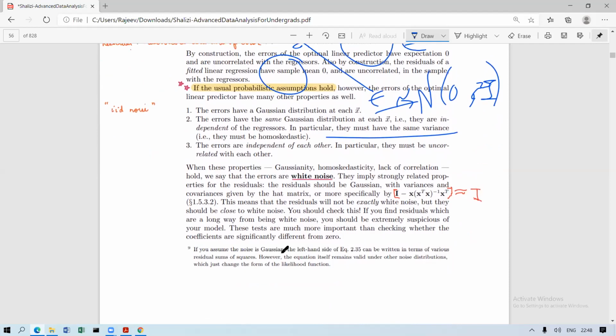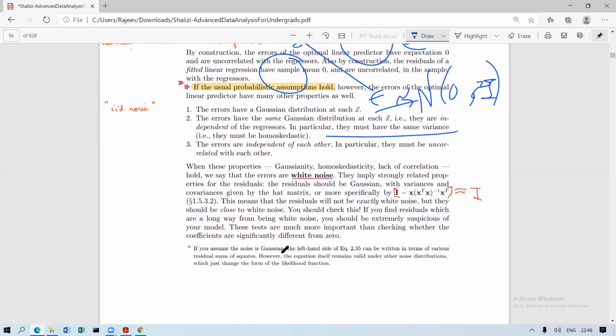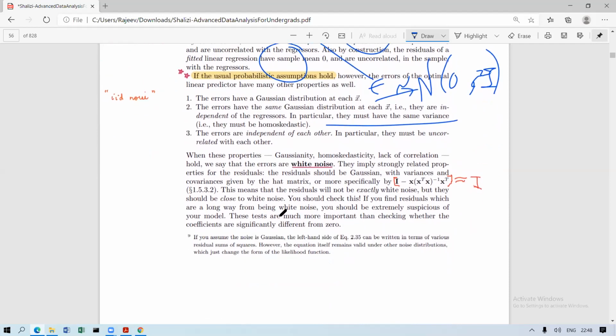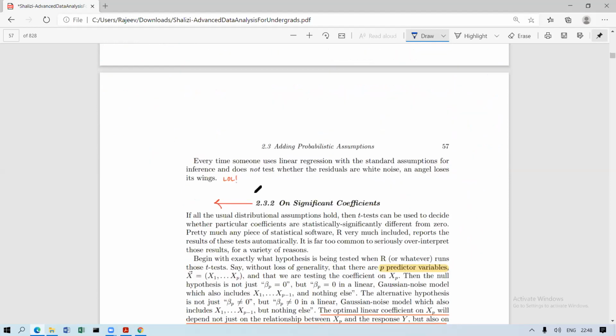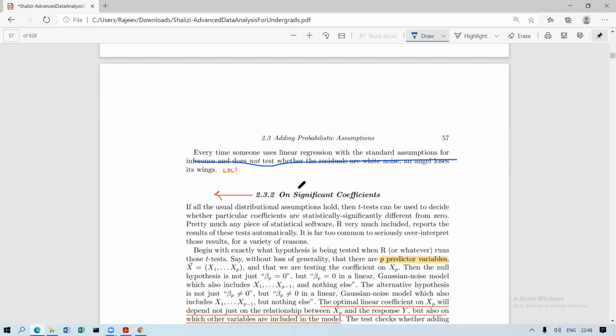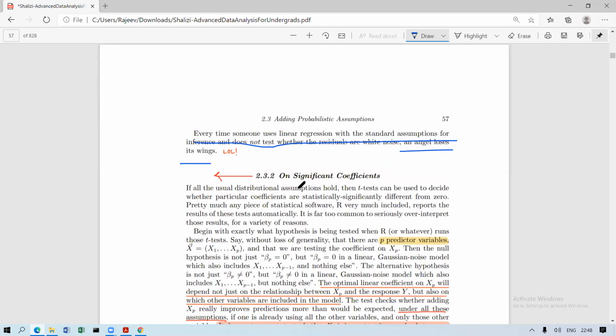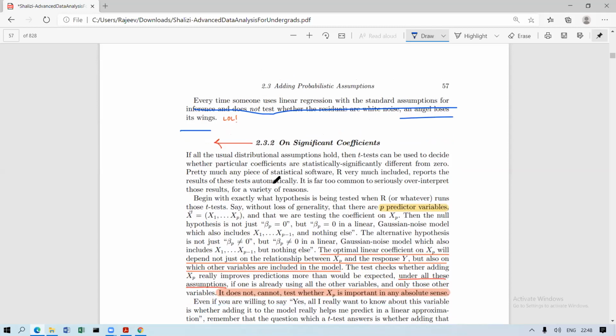So rather than checking what model you get, it is extremely important to see, before saying that the linear predictor is the best fit, that these three assumptions are validated. So every time someone uses linear regression without these assumptions and does not test whether residuals are white noise, it fits poorly.